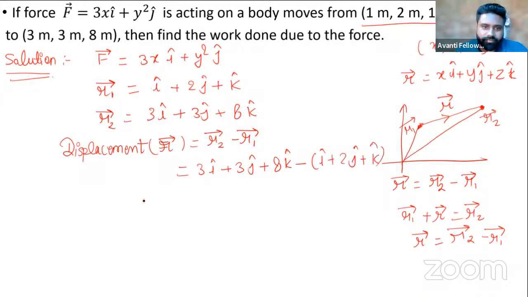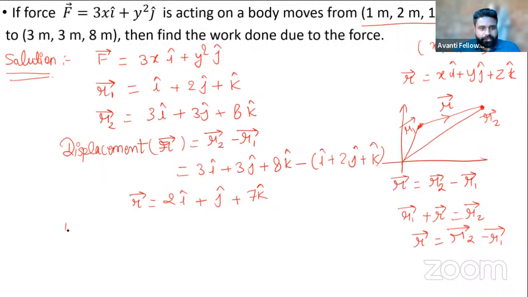Now take the difference of it. It will become 2i cap plus j cap, because 3j minus 2j will be plus j, plus 8k minus k, this is plus 7k cap. Okay. So this is the r vector you are having. This is the displacement vector.